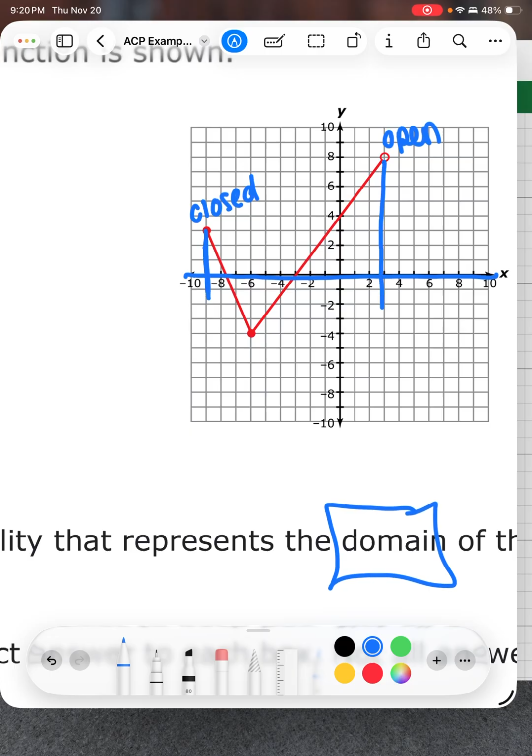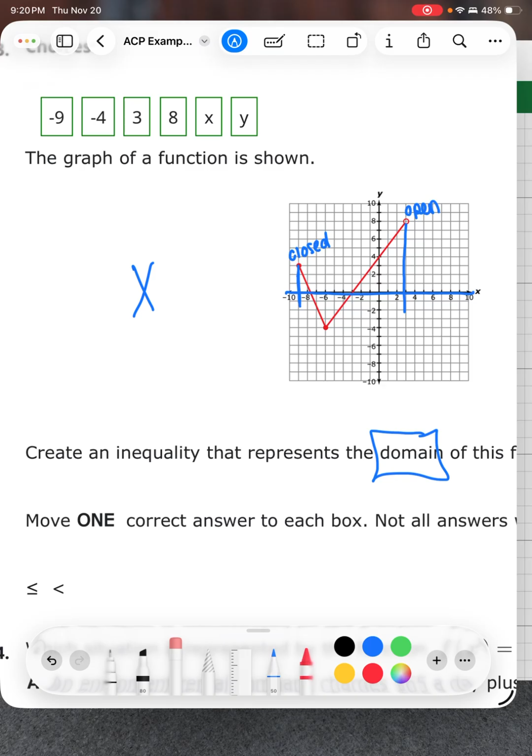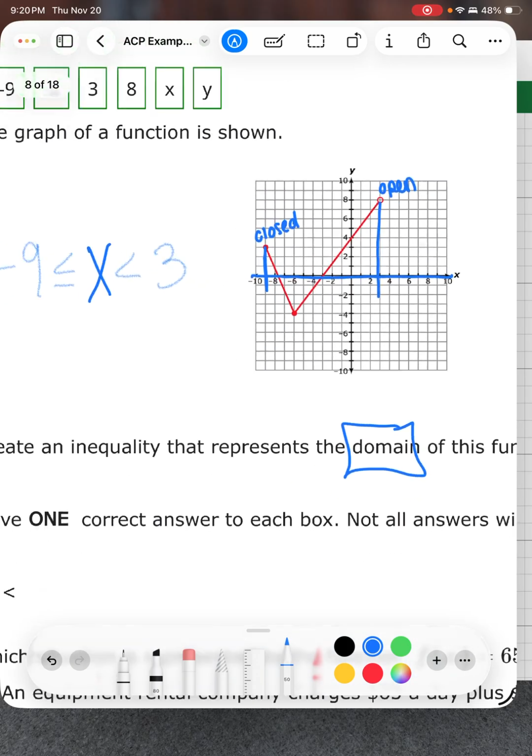If I was looking at the range, I would care about how low and how high, but I do not care about the range right now. I just care about my domain. So I care about how far it travels on my x-axis. So here I'm at -9 and 3. And again, I have a closed circle, so I know that's going to have that or equal to sign. And that is an open circle, so it will not have that.